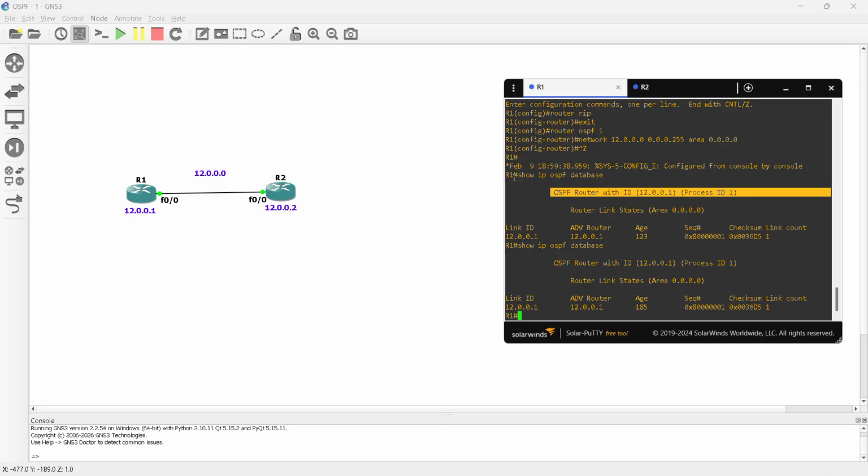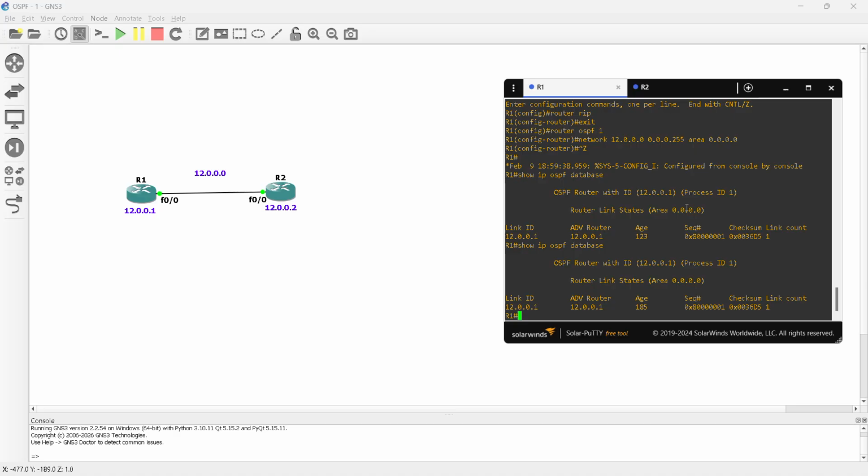In router 1, this is the router identifier, which we configured here on FastEthernet 0/0. Now it tells us the process ID, that is 1, which we gave right here. After that, it tells us that it generated a router link state LSA, a router LSA, which is a type 1 LSA, followed by area 0.